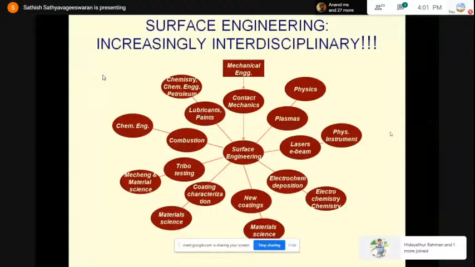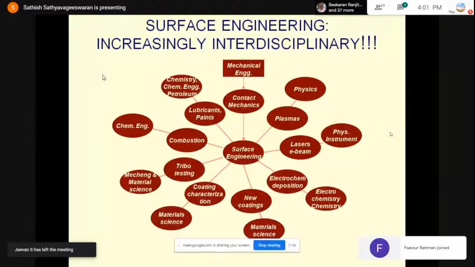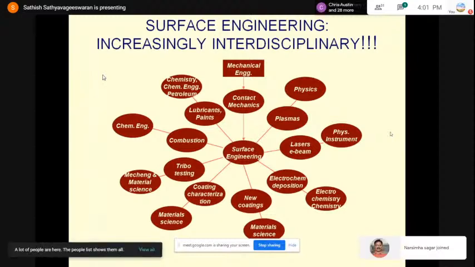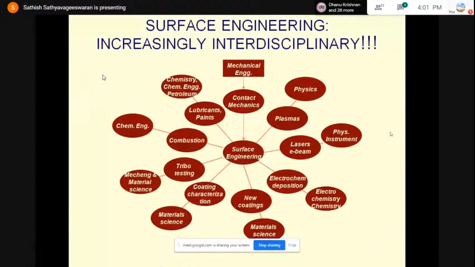For instance, if you have two materials making contact with each other, and there is relative motion between them, you will end up with friction, and finally it will lead to wear. To reduce the wear, one method is to apply some lubricant.